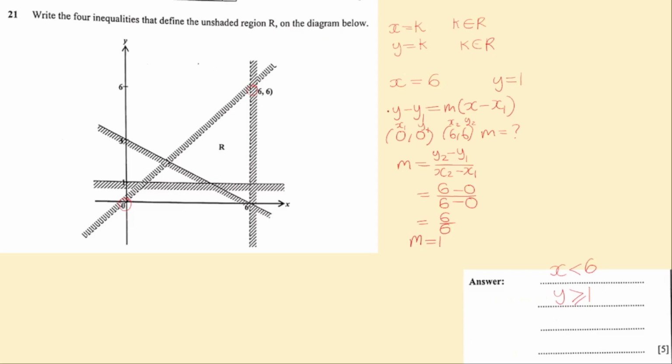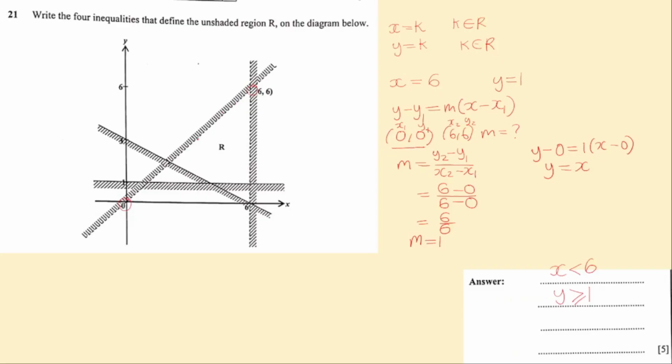Now, using the gradient point formula, I'm going to use 0, 0 and this gradient. I'll substitute in the formula. When I substitute, this boundary line will be y is equal to x.